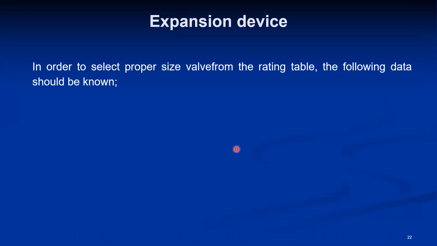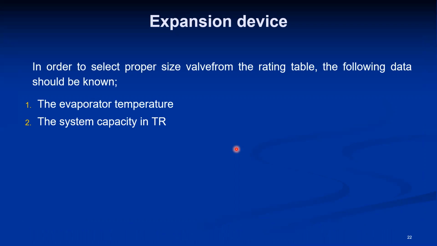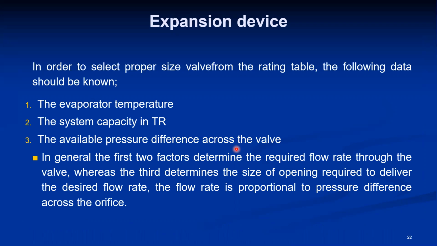Then the expansion valve. Obviously, it mainly depends on the pressure difference between the evaporator and condenser. The following data is required: evaporator temperature, system capacity, pressure difference across the valve.